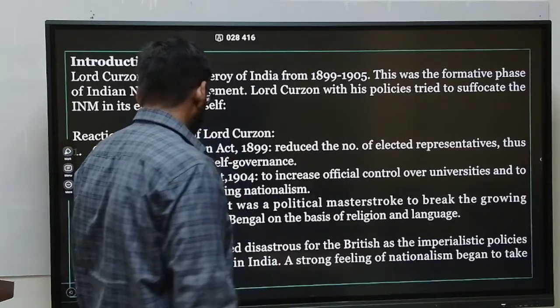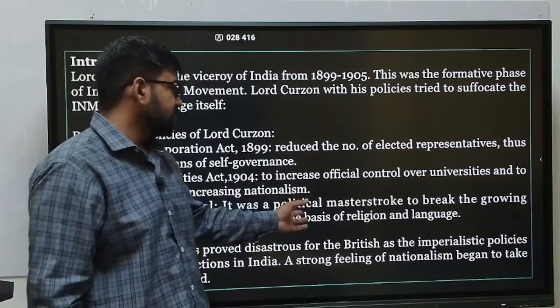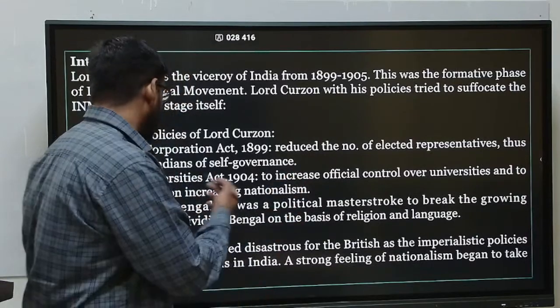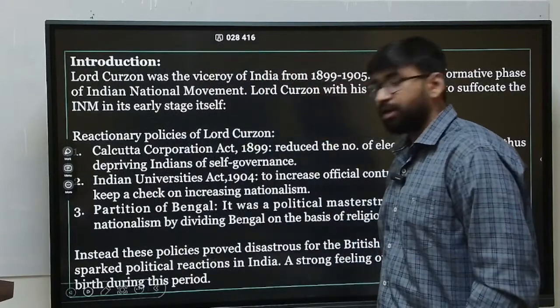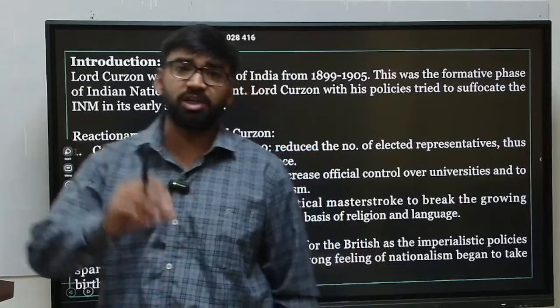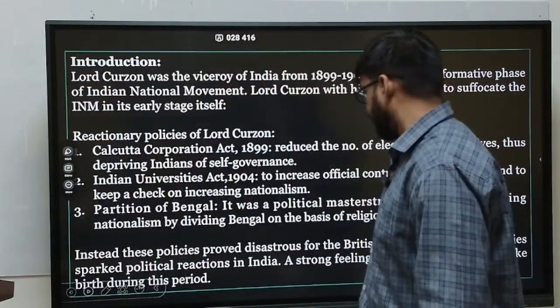So as you can see here, the partition of Bengal was a political masterstroke to break the growing nationalism by dividing Bengal on religious lines. But these policies proved disastrous for Lord Curzon as well as for the British.